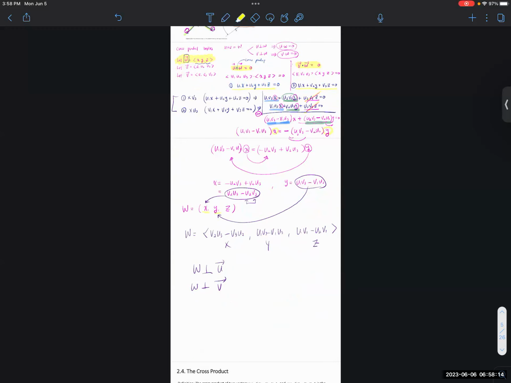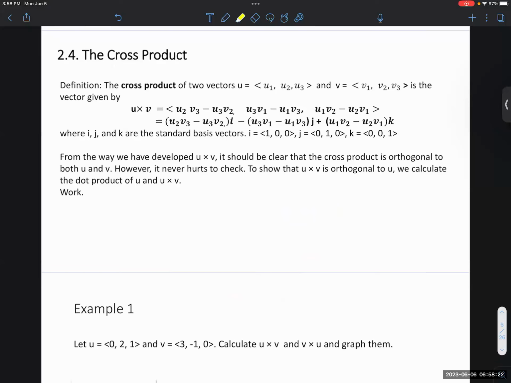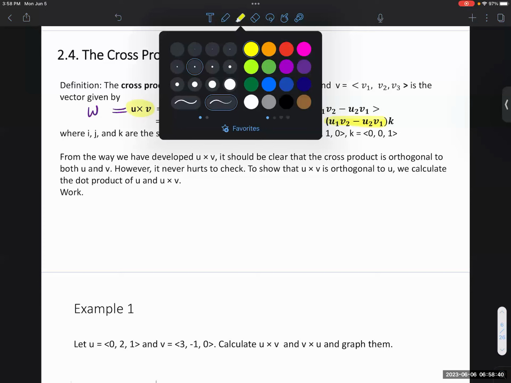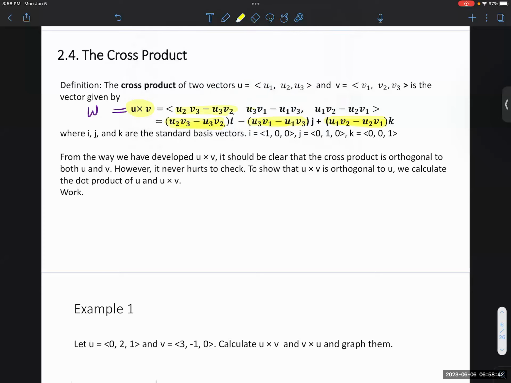Nobody is going to remember that, so I will show you the shortcut very soon. This is the W vector, which is X, Y, Z basically. So just remember one thing: this is your X, Y, Z.